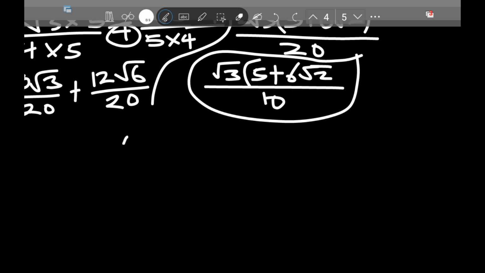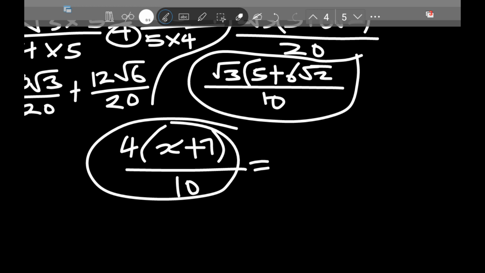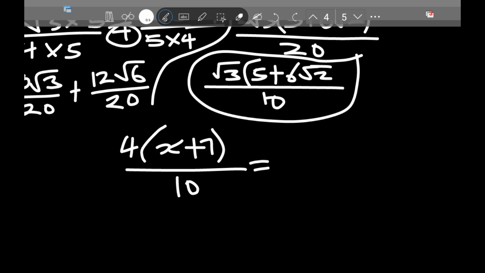Now let's say you have 4 bracket s plus 7 over, let's say this is over 10. This fraction here is reducible because you need to look for a number that can divide 4 and that can also divide 10. If there is a number that can divide the two numbers, go ahead and use the number to divide it.